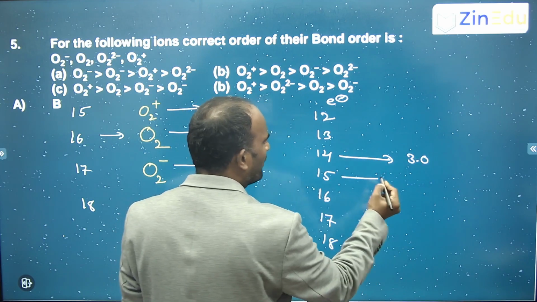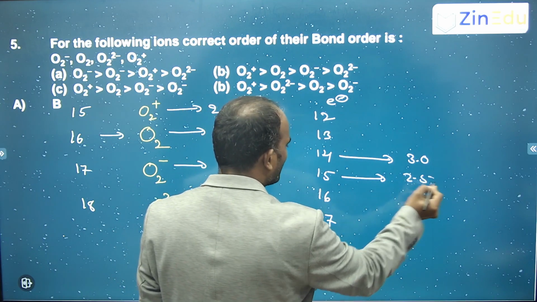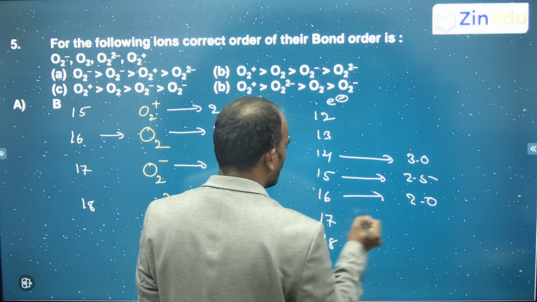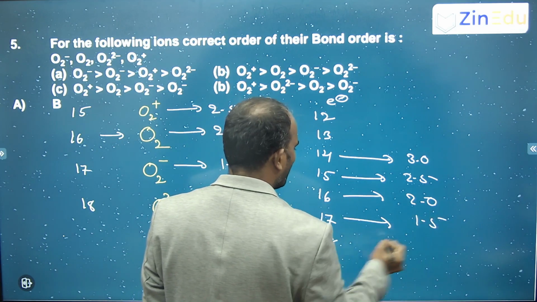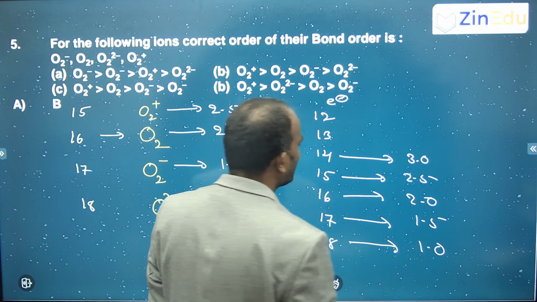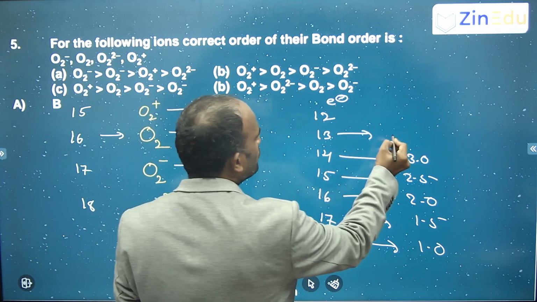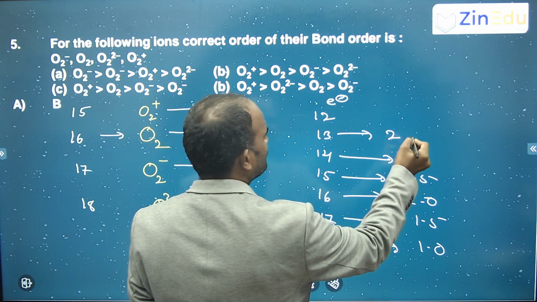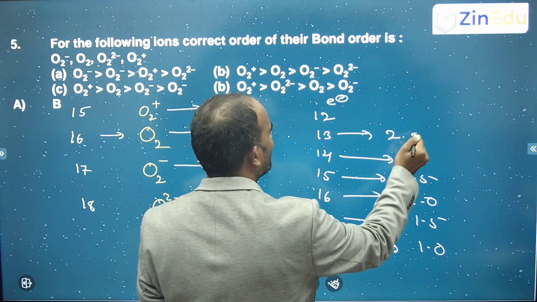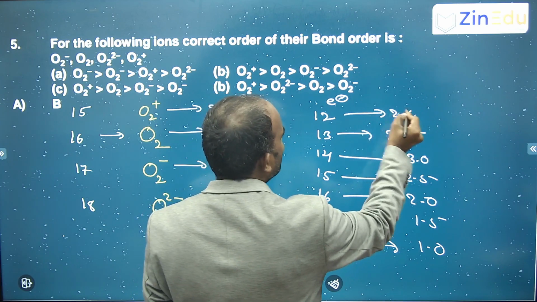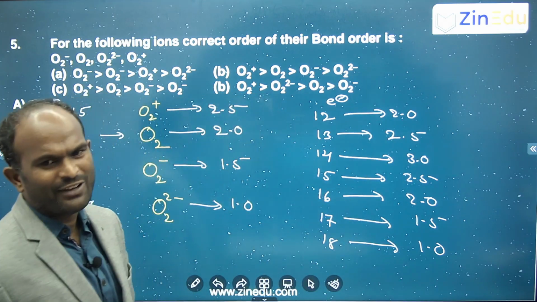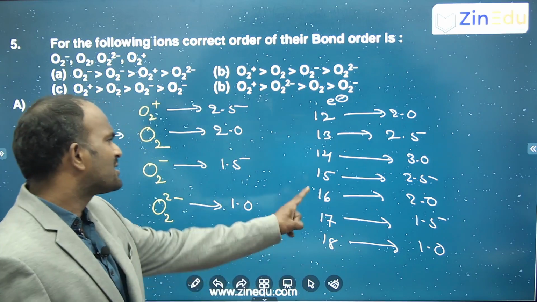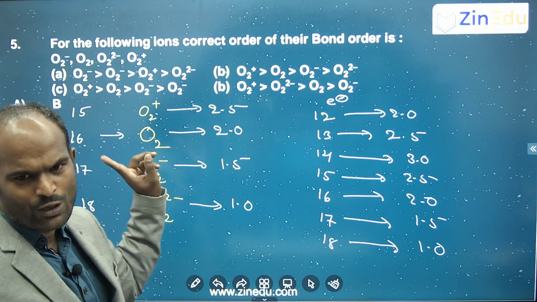From 14 if you come down, it becomes 2.5, now it becomes 2.0, now 1.5 and it becomes 1.0 here. Here it becomes 2.5 and then 2.0, and for 11 again it becomes 1.5. I guess you can understand that, so based on that I have given this one also.